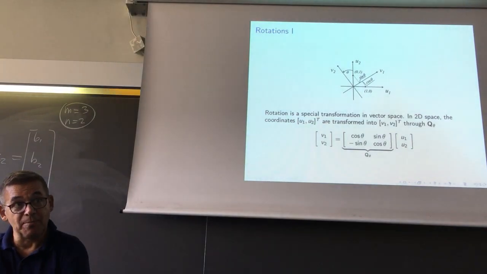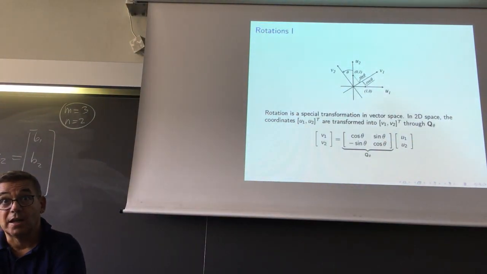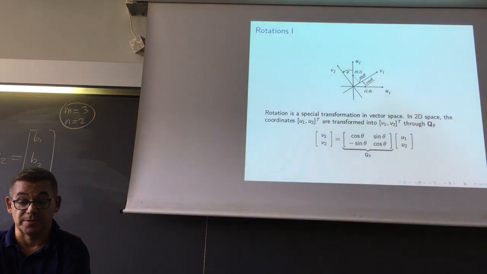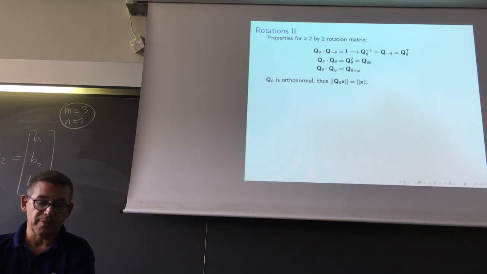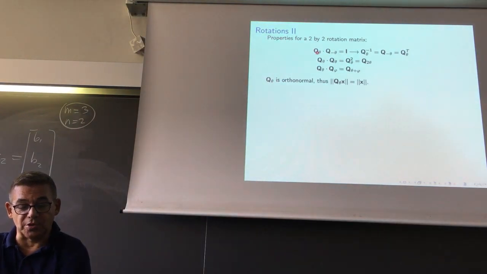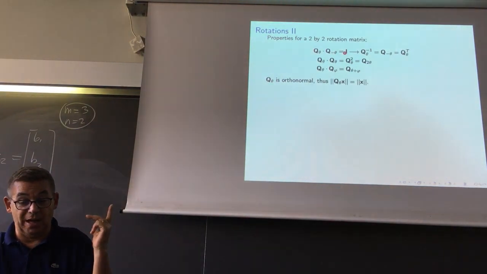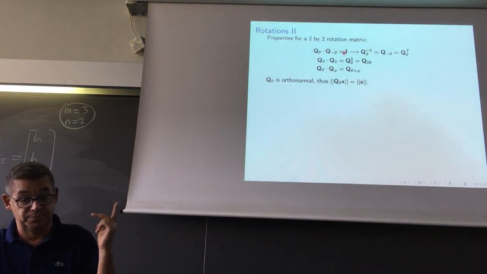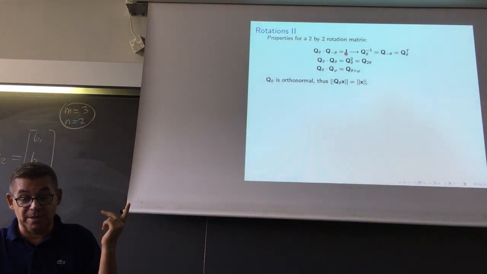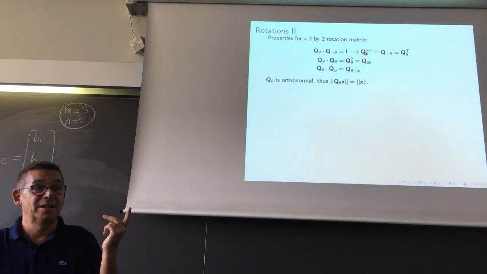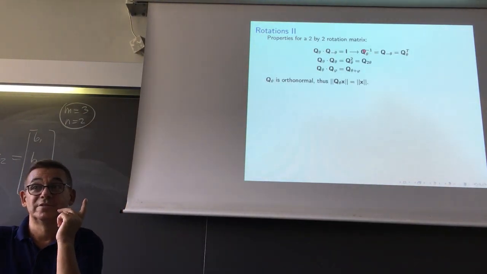The rotation matrix has some nice properties. For instance, if I apply a rotation and then a counter rotation, rotating by the opposite angle, I get the identity matrix. So the inverse of the matrix Q theta is the counter rotation.